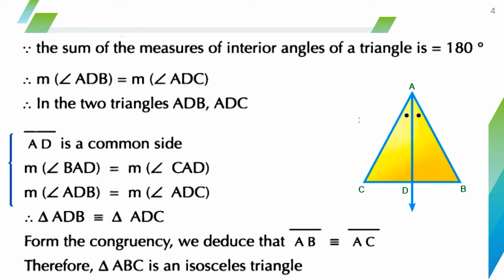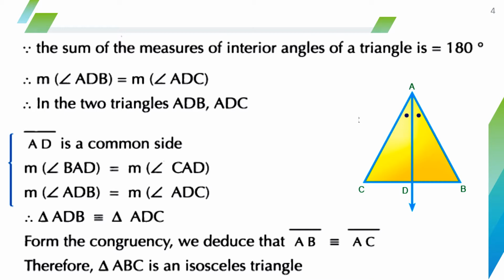In the two triangles ADB and ADC, since AD is a common side, the measure of angle BAD equals the measure of angle CAD, and the measure of angle ADB equals the measure of angle ADC, then triangle ADB is congruent with triangle ADC as angle side angle.